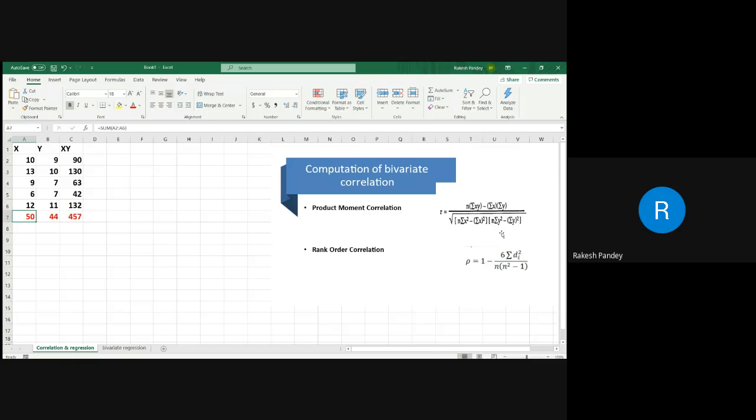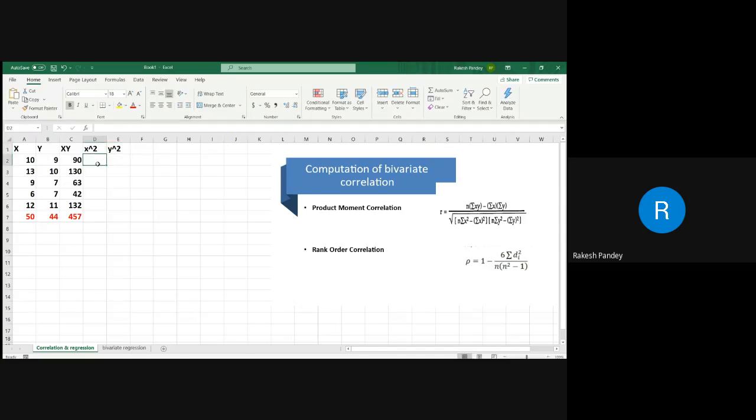So one thing we are missing. So we will create one variable, x square and y square.